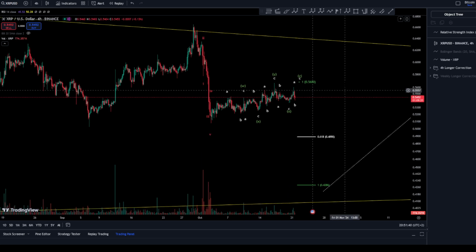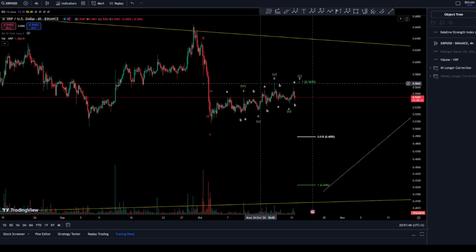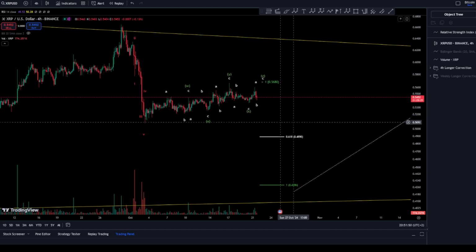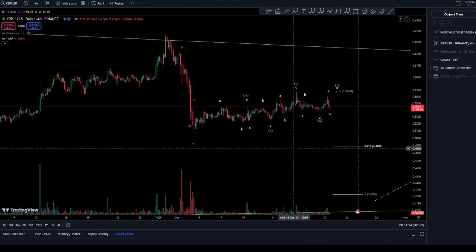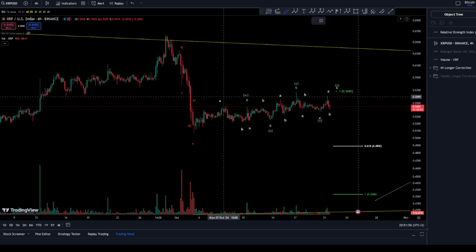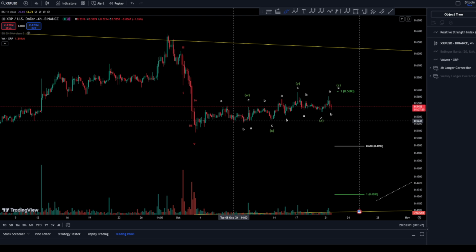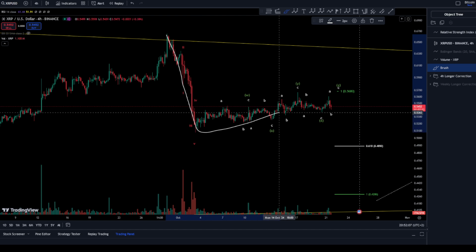However, it's the first time here I see a WXY and the XZ, where we see a very complex corrective structure. If you want to dive deep inside it, we can move with it a little bit. However, after here, what we are looking at is our wave E.